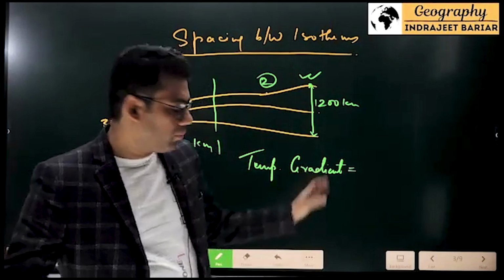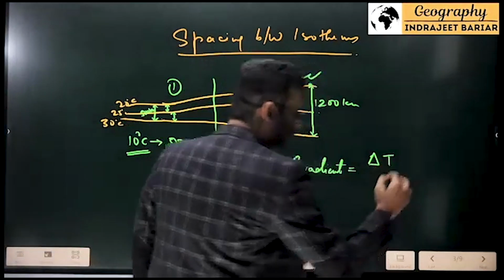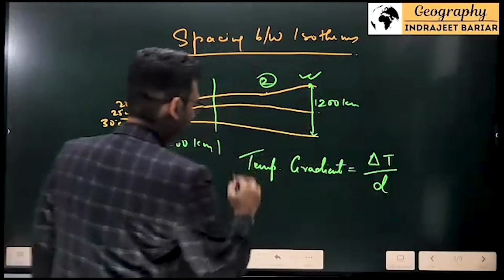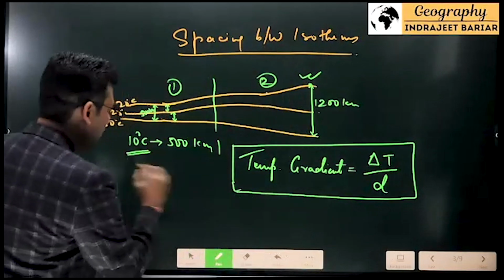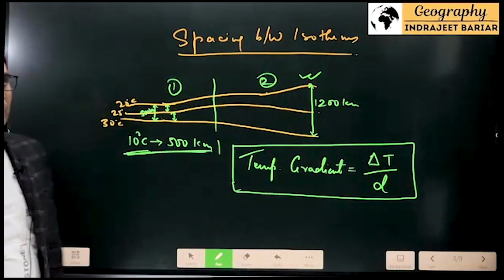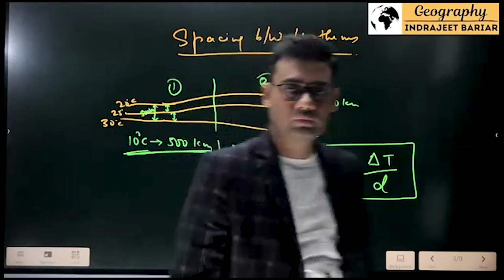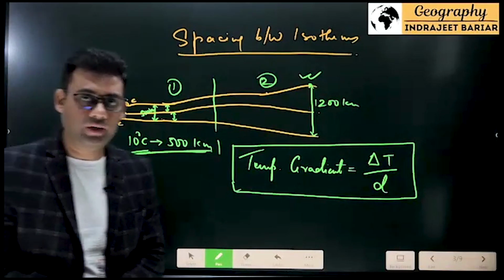So the formula for temperature gradient, I'll write as delta T, that is the change in temperature per unit distance. That is the temperature gradient. So tell me, what should be the temperature gradient over here? Anyone? In region 1, very high, and very low in region 2. Tell me with the number, with the unit.